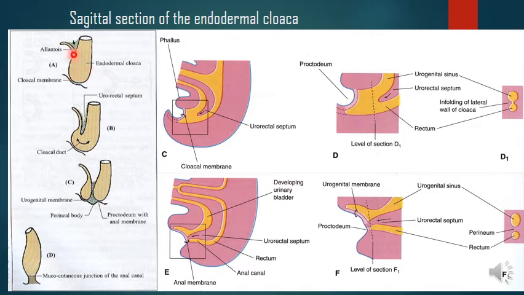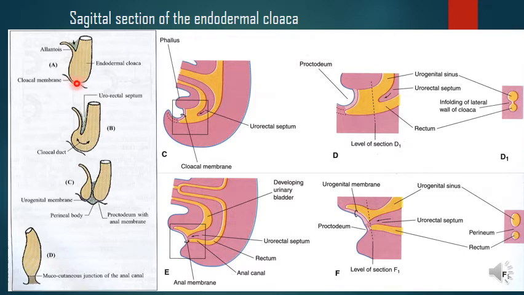The ventral wall of the cloaca is formed by a bilaminar fold called the cloacal membrane. This is the part where the endoderm and the surface ectoderm are closely adherent without the intervening mesoderm.